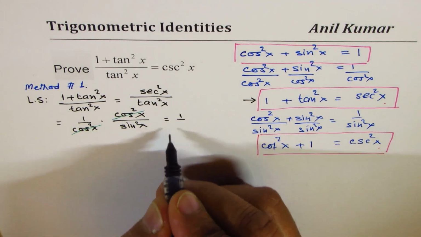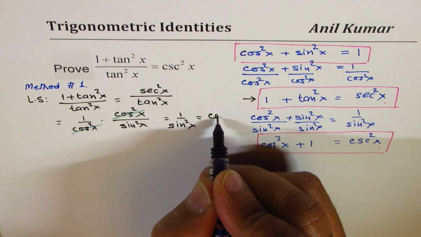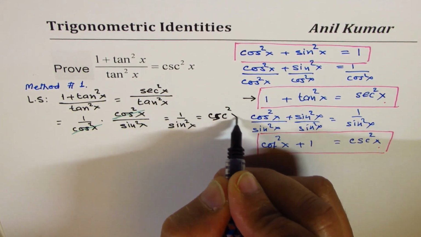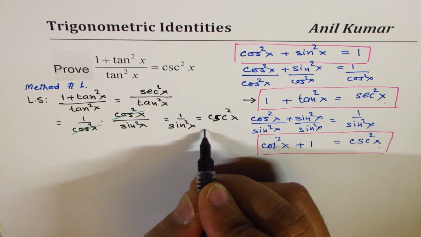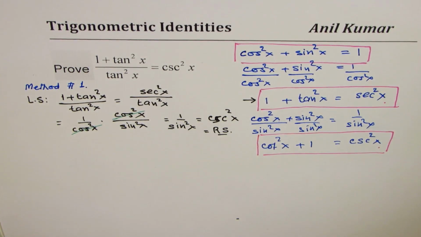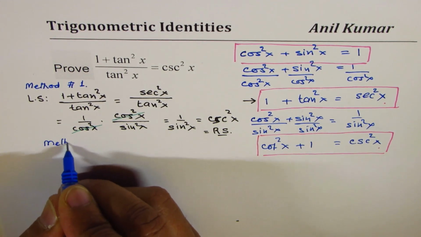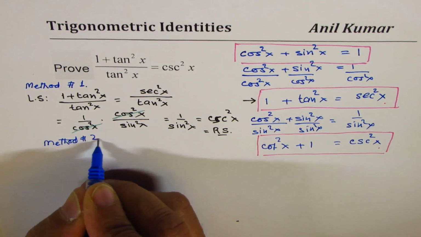So we have 1 over sine square x, which is cosecant square x, which is the right side. Is it okay? So that becomes one proof or one method to solve it. And with identities you'll find many methods, right? Let's see what is method number 2.